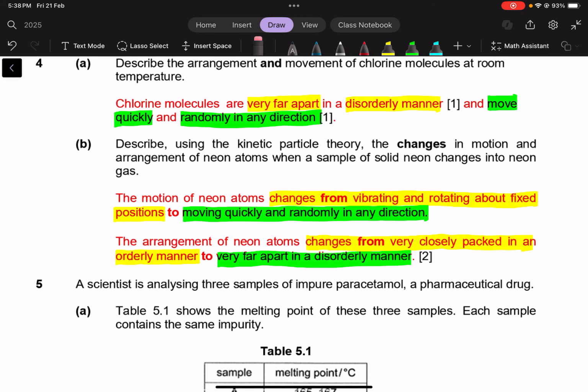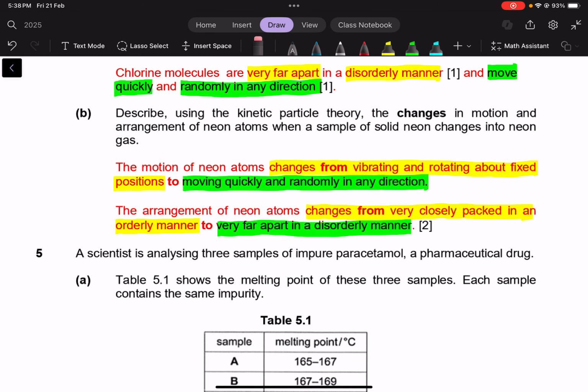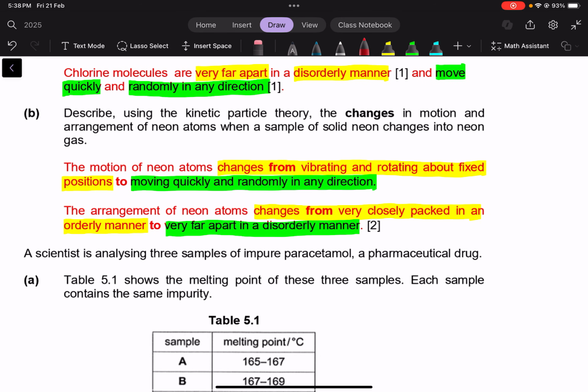One thing to take note of for the movement of particles in a solid is that a lot of you tend to miss out the rotating portion. A lot of you always give me vibrating about fixed positions, but you always forget rotating.